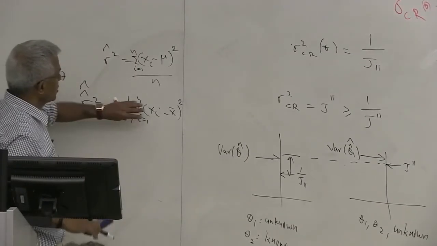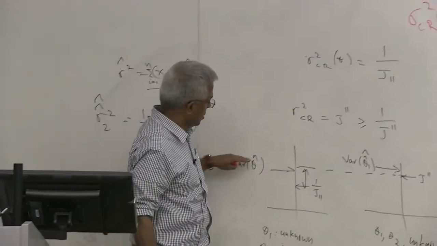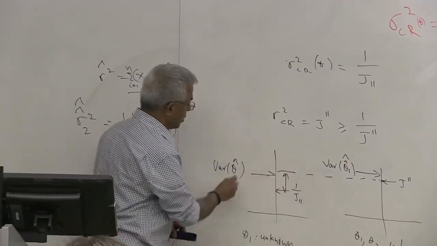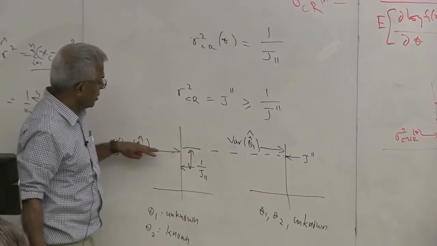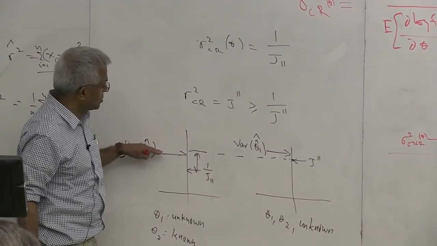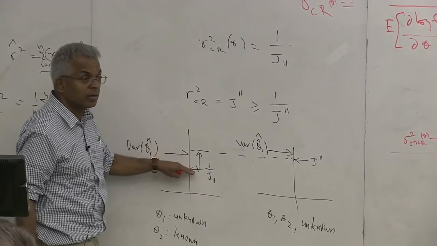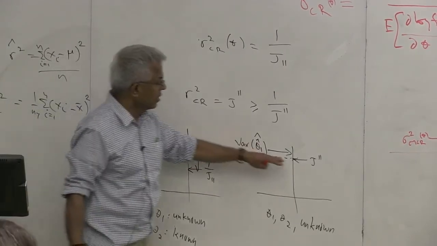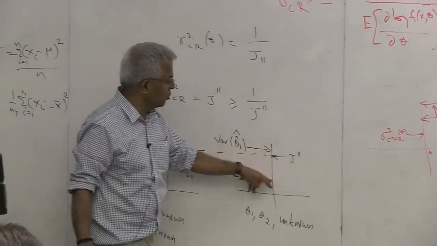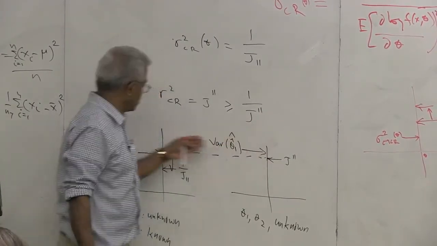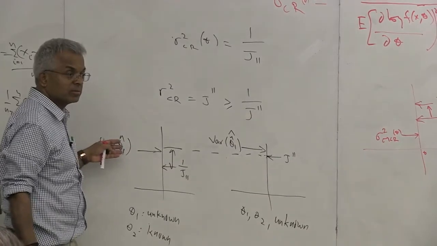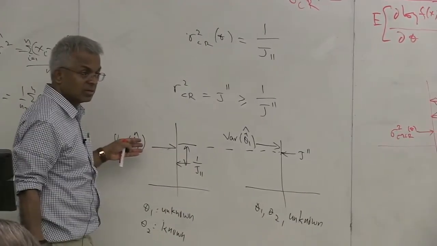So this estimator variance, even though I show it symbolically as variance of theta 1 hat, there is a chance that this estimator can go up to here, okay? Whereas here, this estimator can never go beyond this. So this estimator is going to be worse than this estimator. That's what the bound means, right?